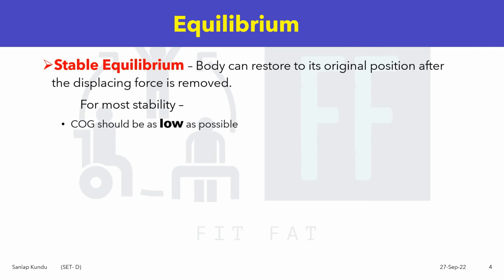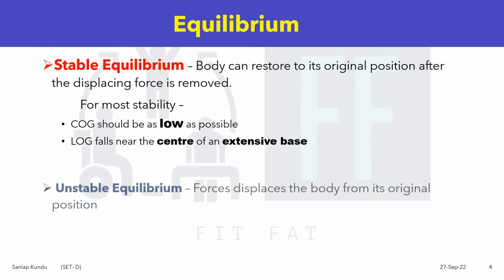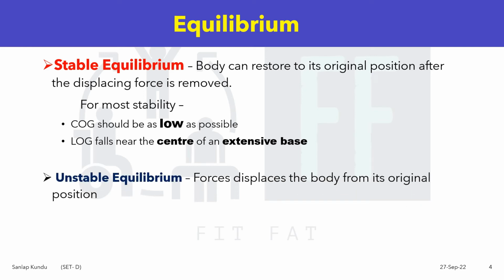First rule is that the center of gravity should be as low as possible, and the second is that the line of gravity falls near the center of an extensive base. So the line of gravity should fall in the base of support, and also the base of support has to be wider, right?